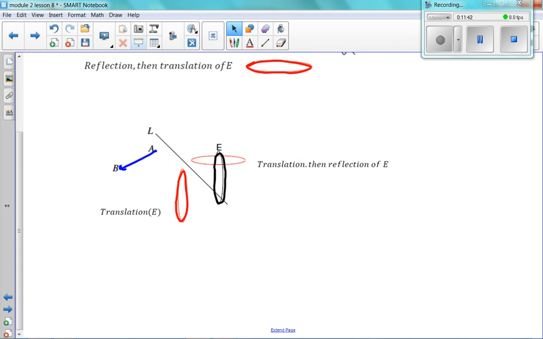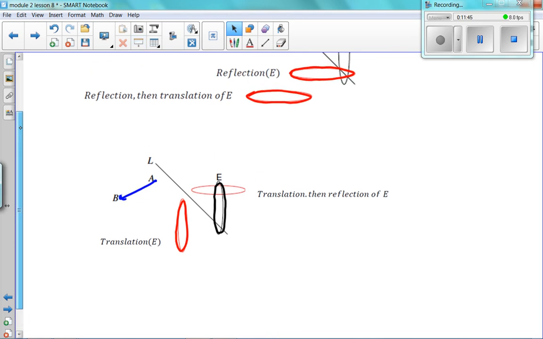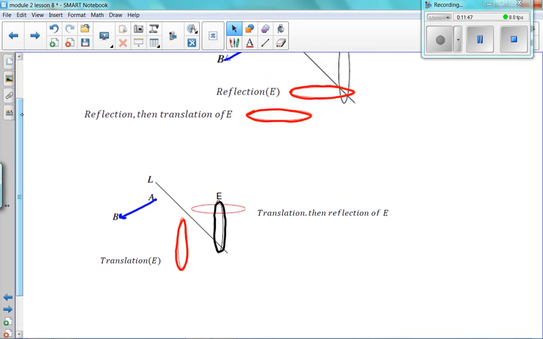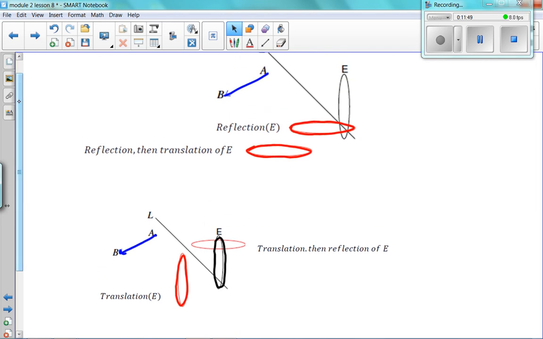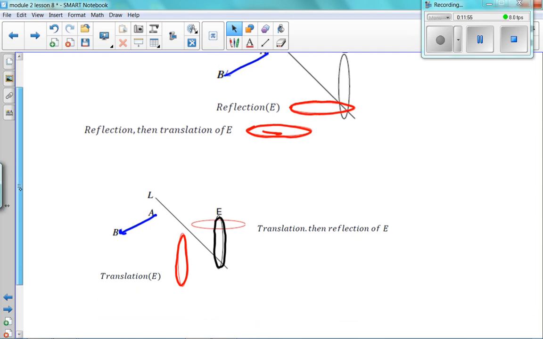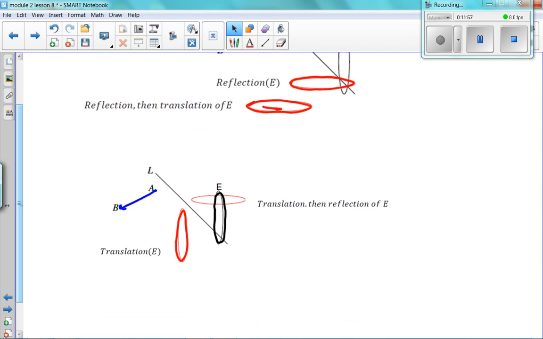So is the resultant image in both pictures the same? In the first one, when you did a reflection and then a translation, the figure wound up down here. In the second one, when you did a translation followed by a reflection, the figure was here.